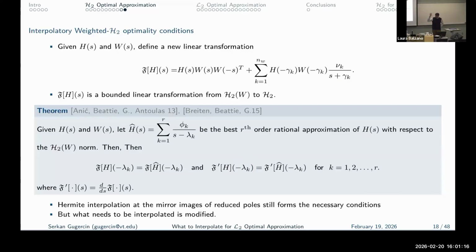But what you are interpolating now is no longer H, you are interpolating this modified mapping. You are still interpolating at the mirror images of the reduced poles. Still the same thing. But now the function to be Hermite interpolated is this crazy looking function. Okay? But again, the critical thing is that Hermite interpolation at the mirror images is still the necessary condition for H2 optimality in this setting. Does that make sense?